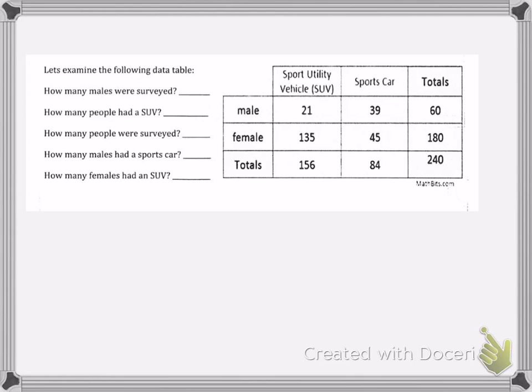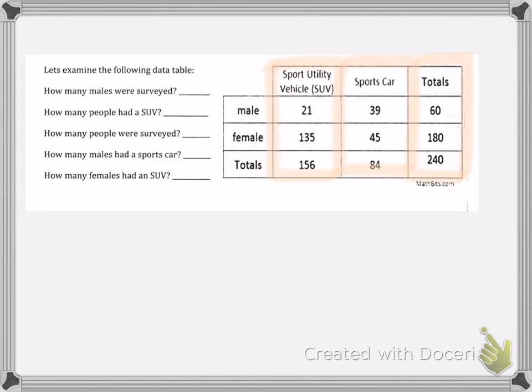Taking a look, this is an example of a two-way table that's already filled in for you, and there are so many different pieces of information going in here. You'll notice that we have rows that represent different genders, so we've got male in the top row, female in the bottom row, and then we've got a total row. But we also have columns going on here. The first one is looking at sport utility vehicles called SUVs, or sports cars, and then a total column.